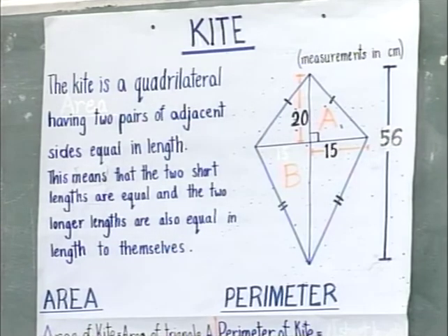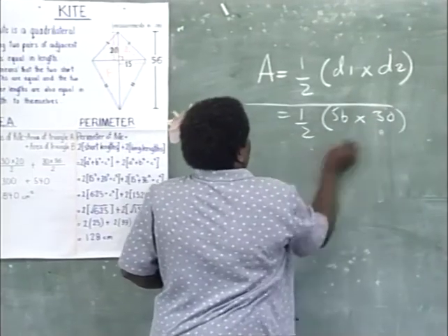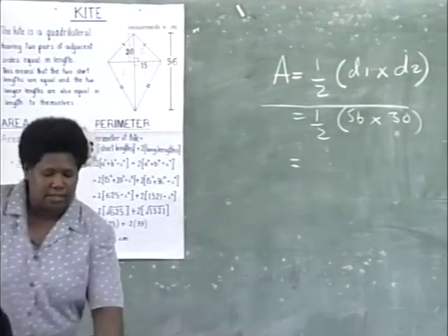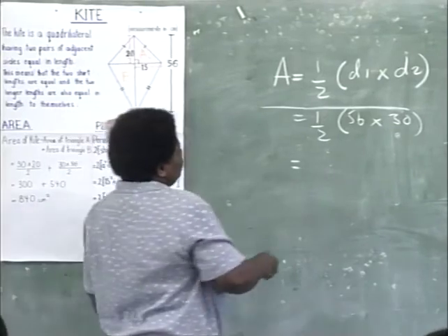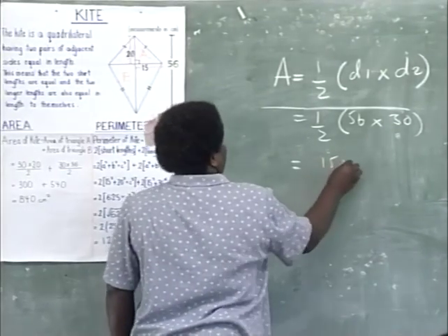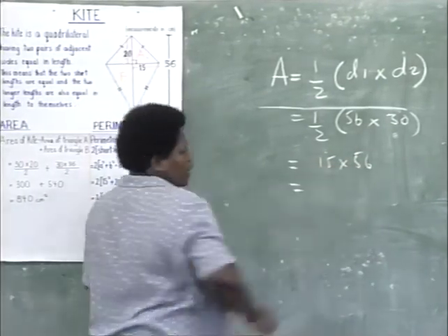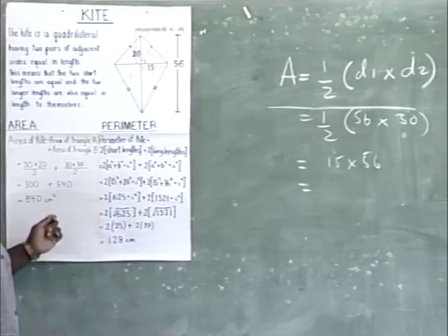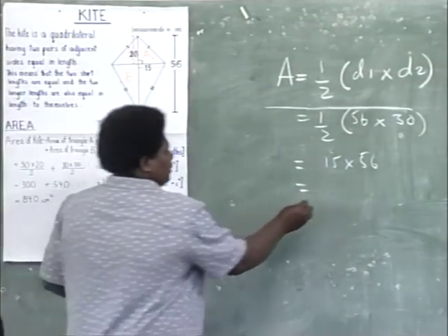So we get half of diagonal 1, which is 56, times diagonal 2, which is 30. If you multiply 30 by 56 and divide the answer by 2, you get 15 times 56. I hope it's 840. Okay.